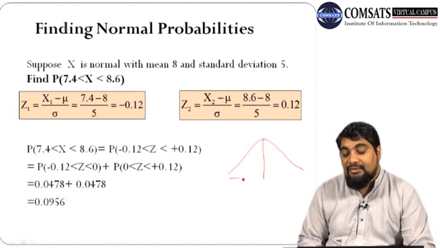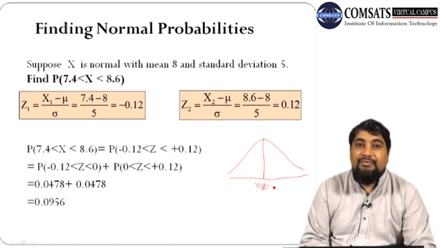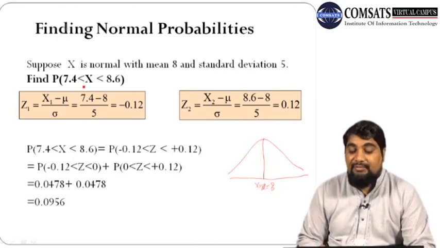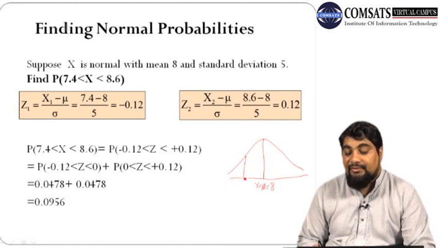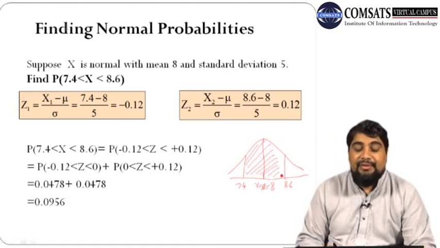Here x is equal to its mean, which is 8, and now the two values are 7.4 and 8.6. So here we have 7.4, here we have 8.6, and we are interested in finding the area between 7.4 and 8.6.